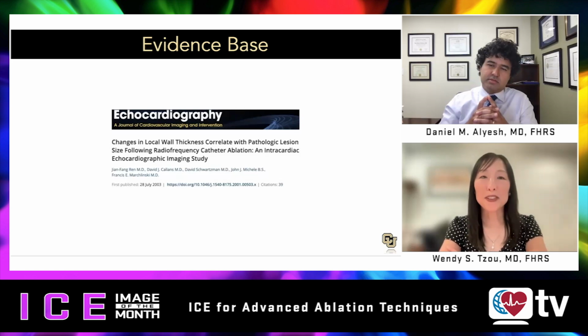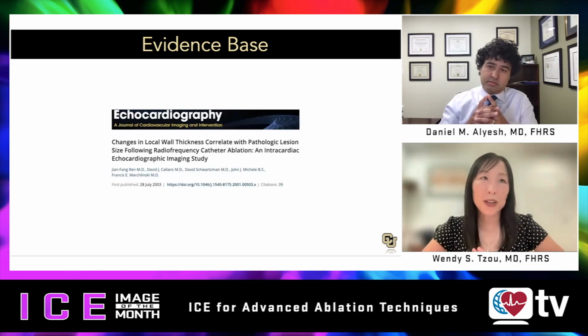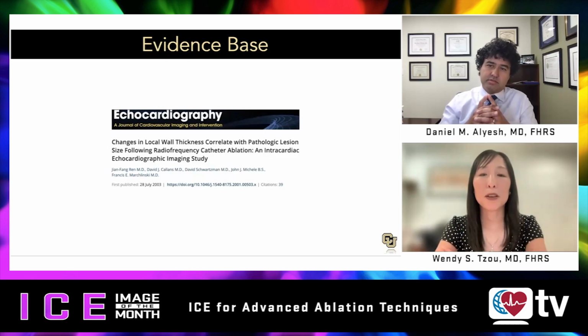The same group, as you know, have done a lot of research in this space, especially in that time frame, looking at just baseline ICE images and also looking to see whether or not abnormalities on ICE could correlate with substrate, and have also demonstrated that, particularly useful in the times when you can't clearly see substrate just on bipolar voltage mapping, as we have grown accustomed to do in structural heart diseases in particular.